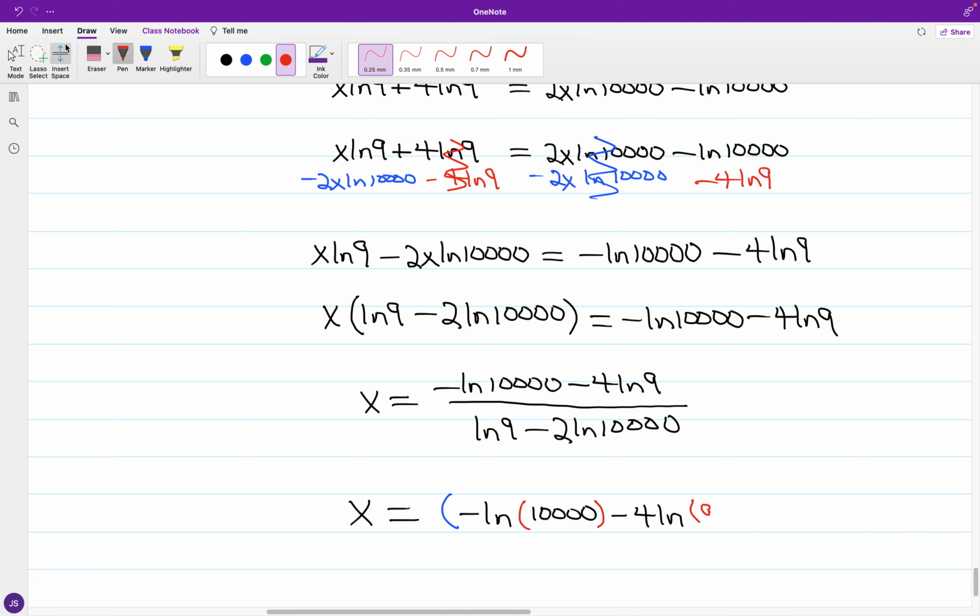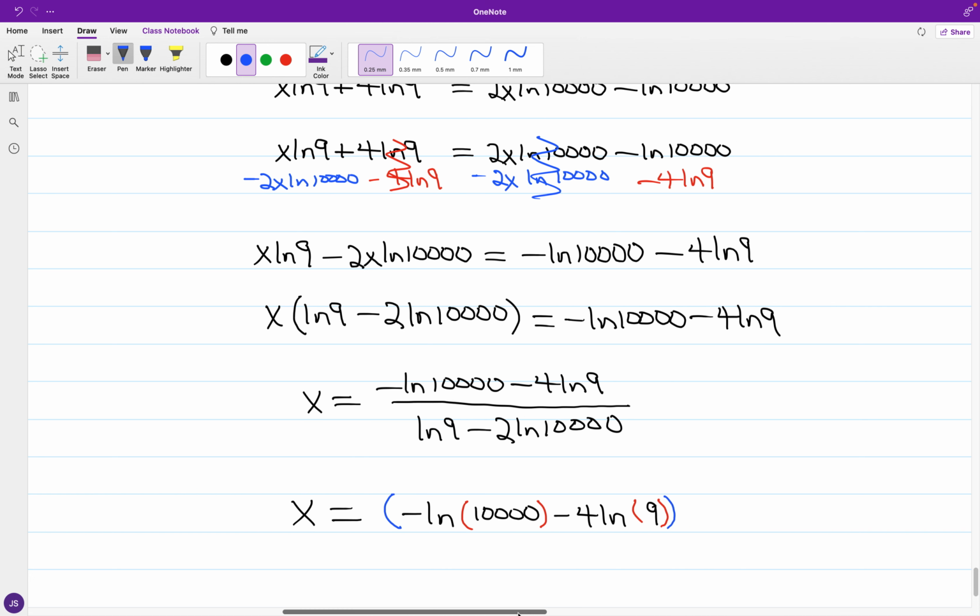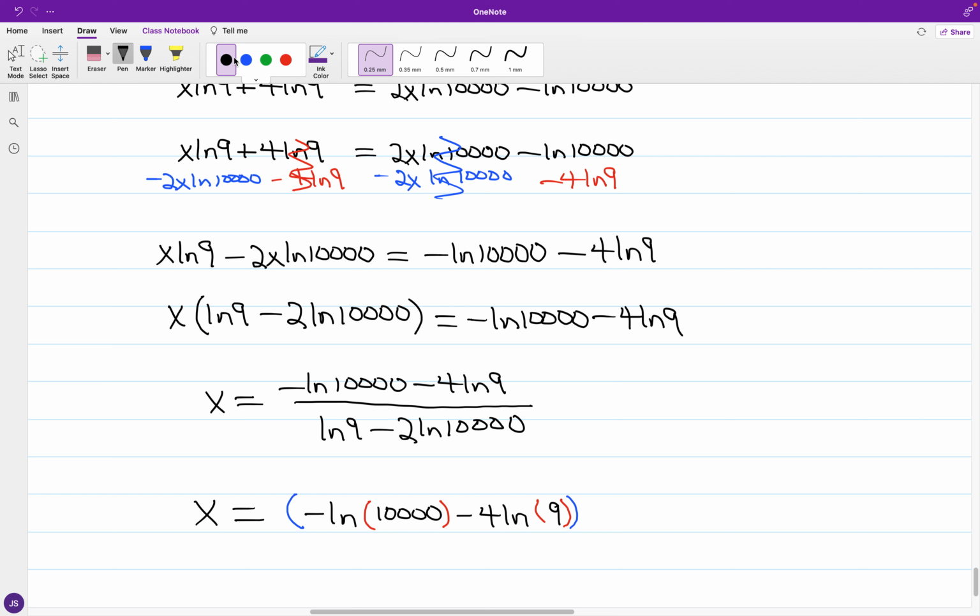So I'm going to close out for 9, and close out for the statement. This is what we have in the numerator, and then we have the denominator. So I'm dividing by all of this difference.